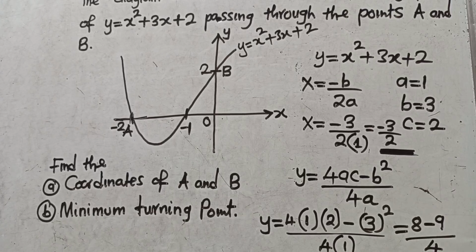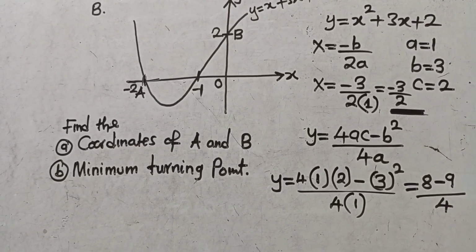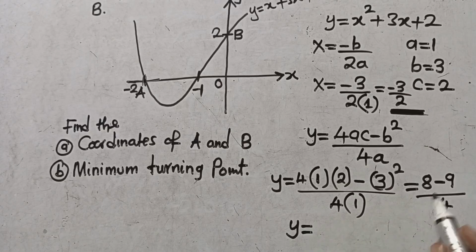Then finally, what answer am I going to get there? I will say y is then equal to 8 minus 9, that is negative 1, over 4. So this is the answer.